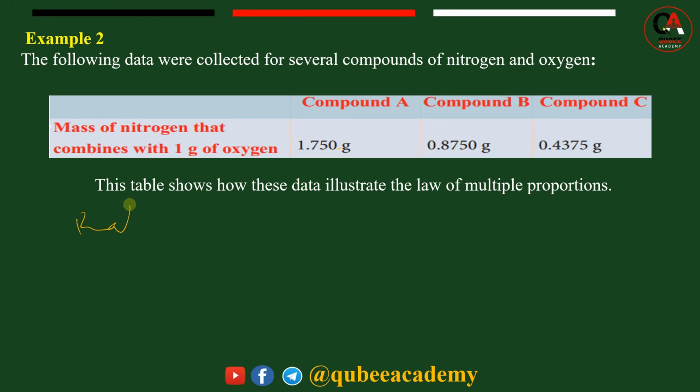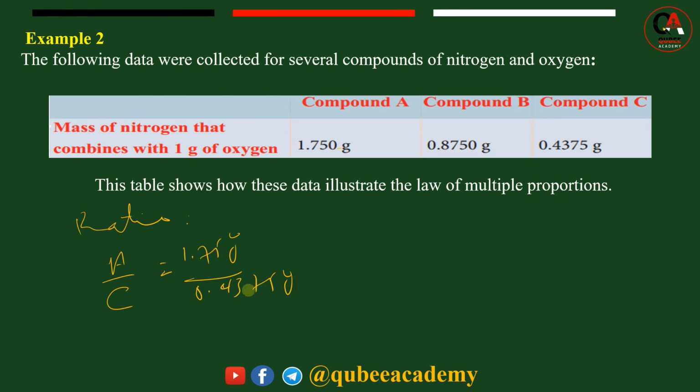If we look at their ratio, for example the ratio of nitrogen in compound A to that in compound C, the amount of nitrogen in compound A divided by the smallest one, that in compound C, is 1.75 grams divided by 0.4375 gram.